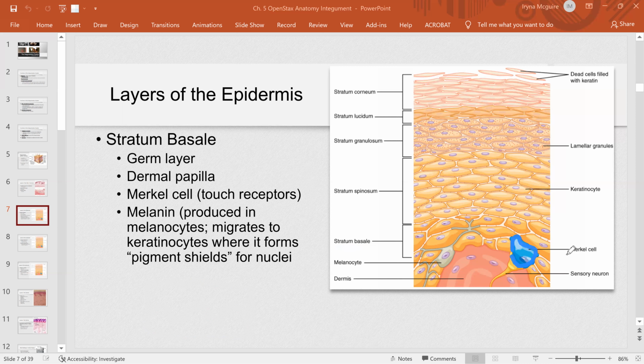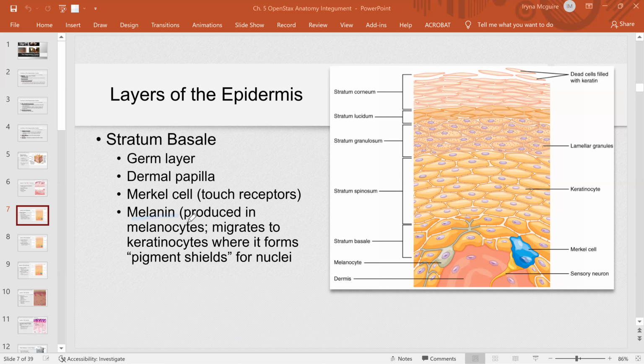This is called a Merkel cell or touch receptor. Another type of cell that can be found in stratum basale are melanocytes. So here's our melanocyte, shown here in a little bit greenish color. And melanocytes produce melanin.